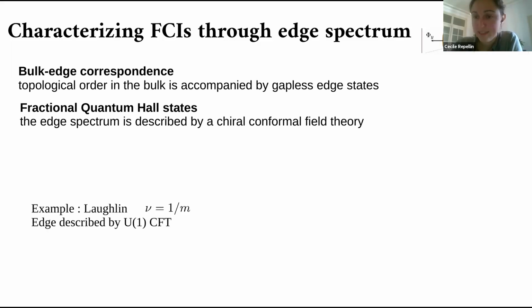Taking the example of Laughlin 1/n, I could take 1/2, but it's generic, it doesn't matter what the denominator is, then the edge spectrum is the spectrum of a U(1) CFT, or if you prefer, a massless chiral boson.